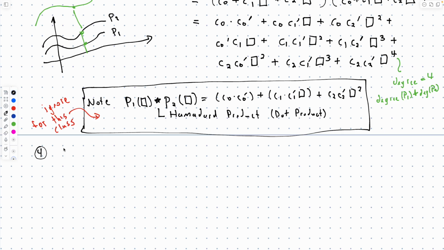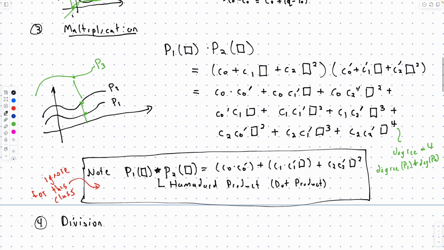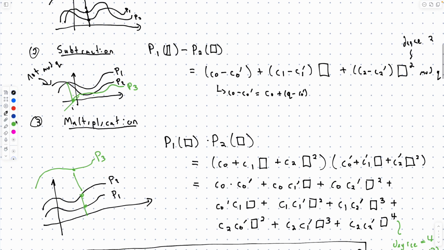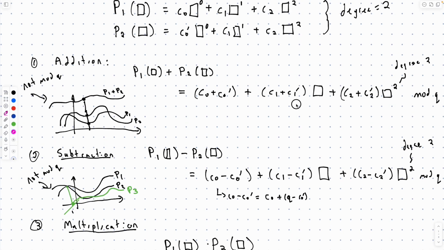Okay, let's talk about division. The other thing, I didn't say it explicitly, but maybe I should, because it's going to change: P1 plus P2 is a polynomial. It's obvious, but it is a polynomial.